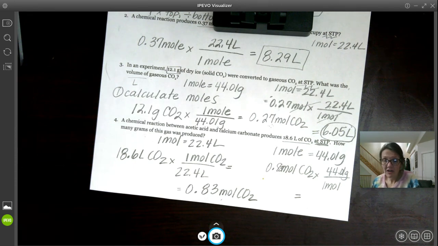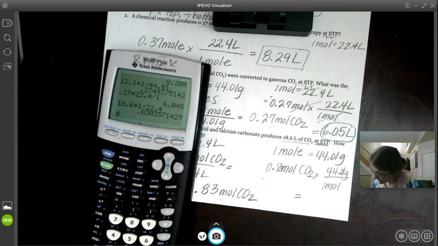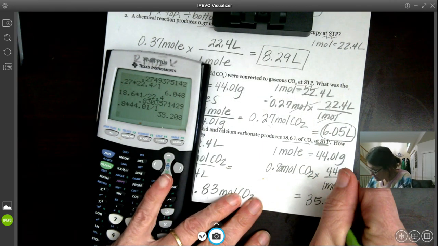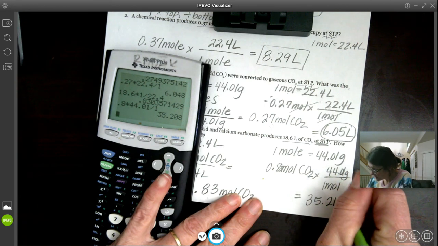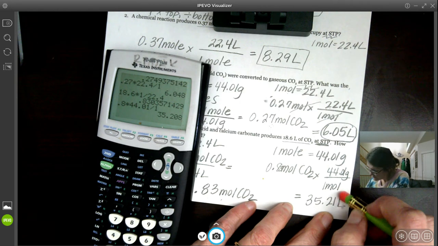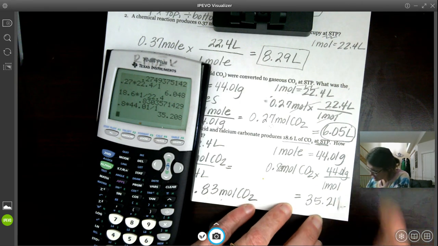I'm going to multiply across the top of the fraction, and I'm going to divide by the bottom. So 0.83 times 44.01 divided by 1 is equal to 35.21 liters. Oh, actually, just kidding, grams. We're looking for grams here.